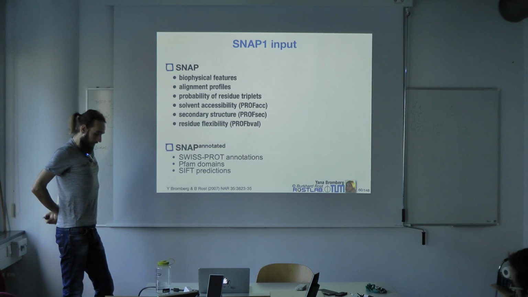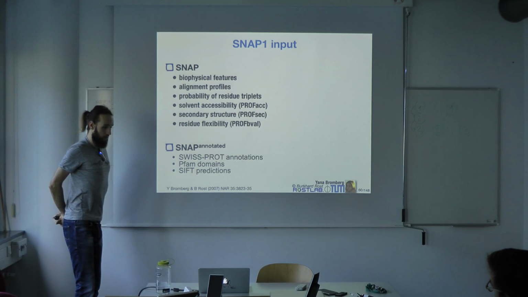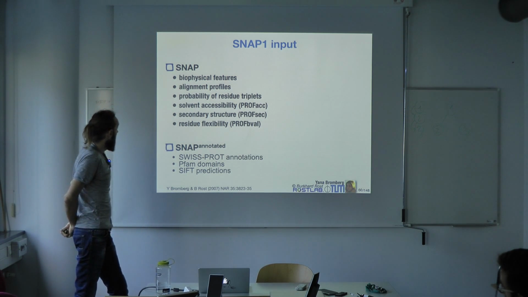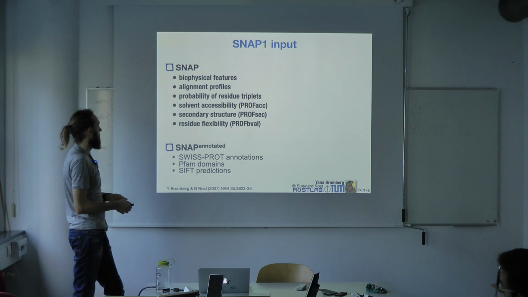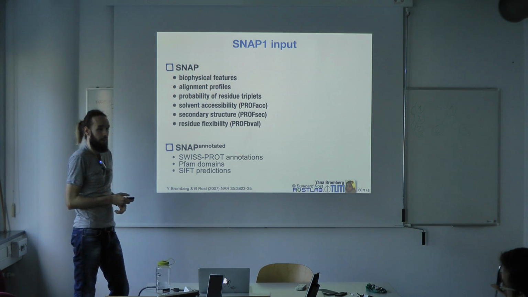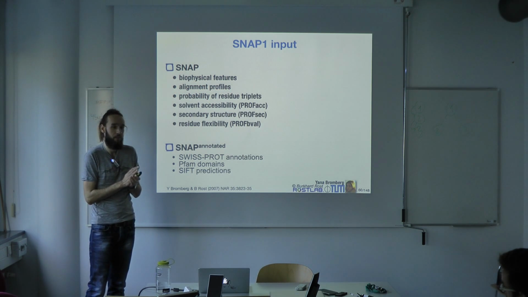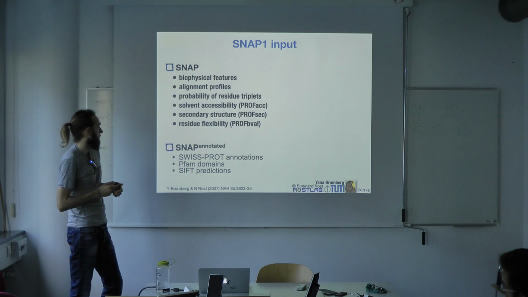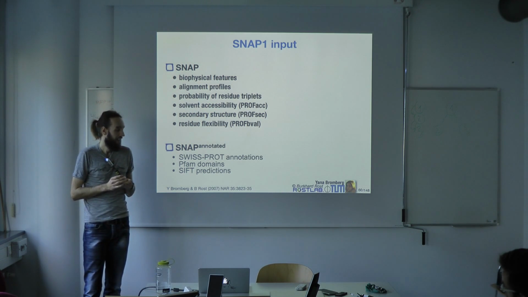Right, so SNAP then is an artificial neural network based predictor. It has a set of input features, biophysical features. Conservation, in the form of alignment profiles, is of course an input feature because conservation is always important. And then several other ones: secondary structure, solvent accessibility, residue flexibility.